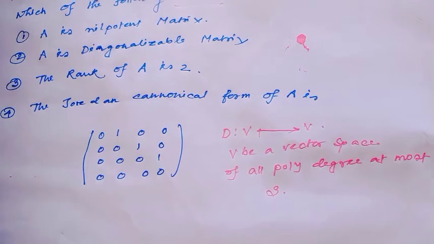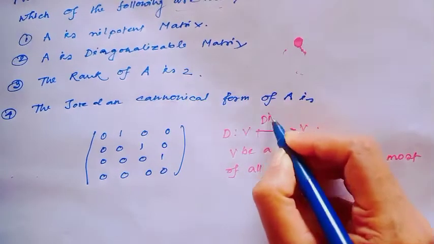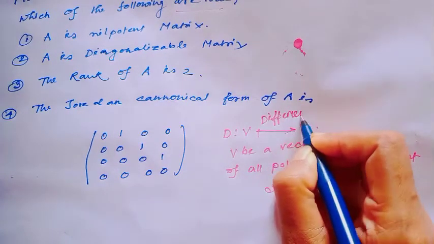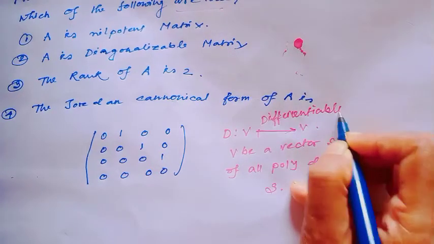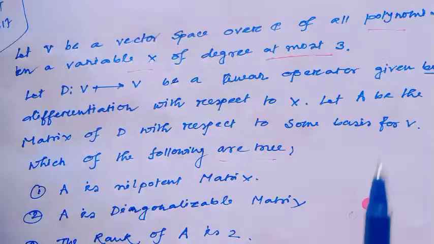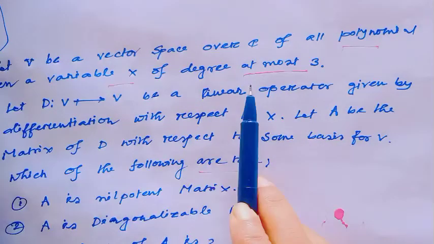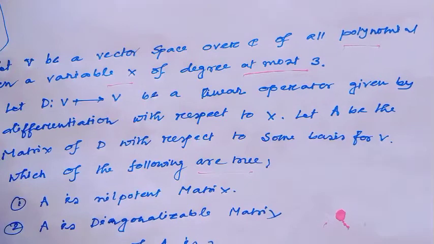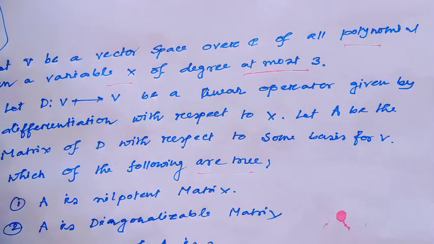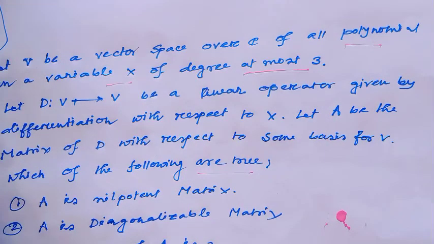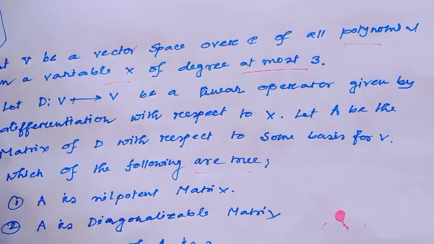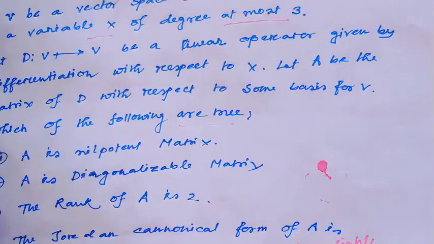Here this operator is the differentiation operator, and the differentiation operator is always a nilpotent matrix. Since V is a vector space of polynomials of degree at most 3, obviously the bases are 1, x, x square, x cube, and the matrix representation with respect to this basis would be of such type.